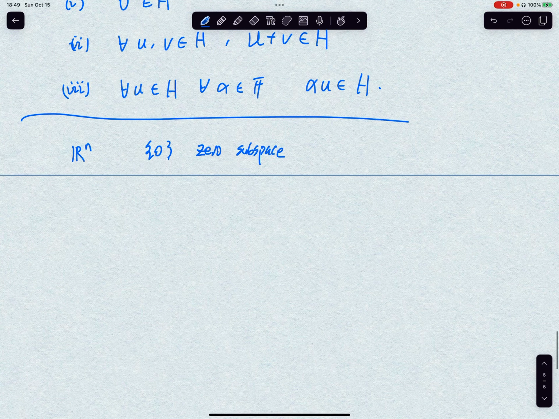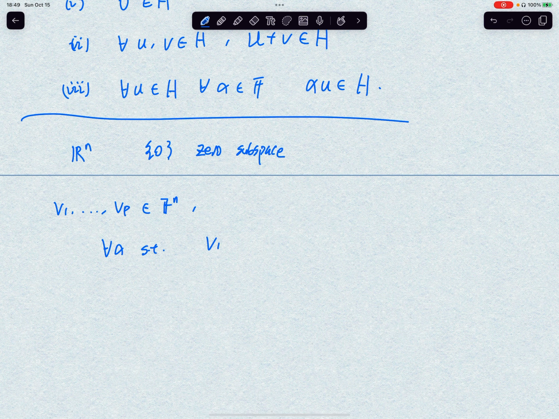Moreover, for v1 up to vp in Fn, the set of all linear combinations of v1 up to vp is a subspace of Rn. So that is, for all alpha, alpha1 v1 plus up to alphap vp.